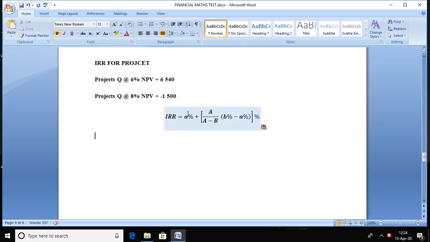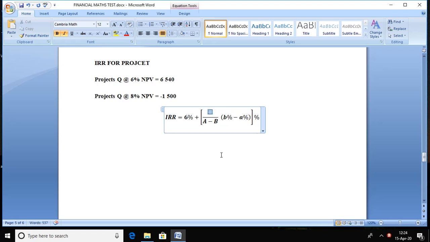Substitute, that is going to be 6%. That is going to be 6,540, minus the NPV at 8%, which is a minus 1,500.